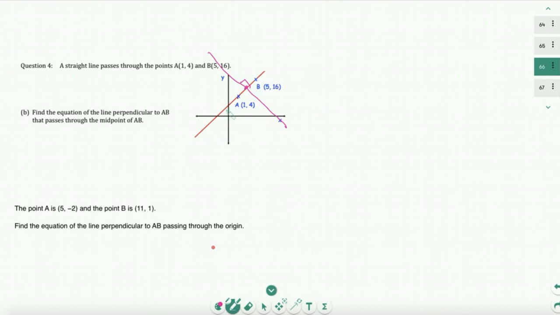So why don't I find the gradient of the red line first by using my y2 minus y1 over x2 minus x1 formula. So for the red line, the coordinates are 5, 16 and 1, 4.